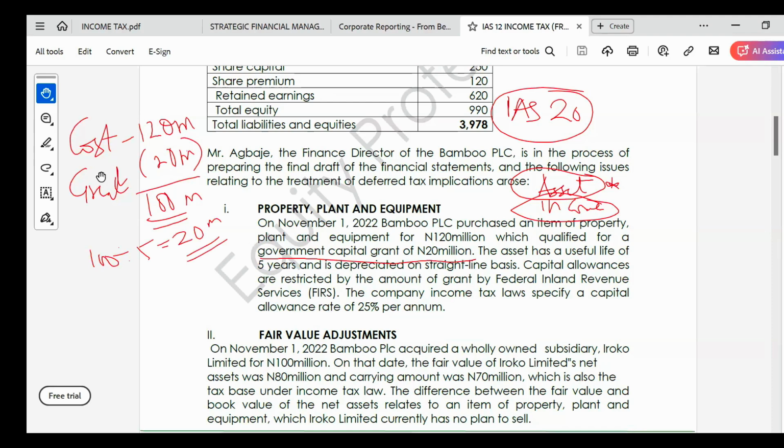Now they say capital allowances are restricted by the amount of grant by the Federal Inland Revenue Service. Now what this means is that government is saying, when I want to calculate my tax depreciation, I am not going to consider this 120 million. I will first of all limit this 120 million by the amount of grants that you have received, right? By the amount of grants that you have received. Okay. Let me share my full screen so that when I'm switching, you might be able to see what I'm doing as well.